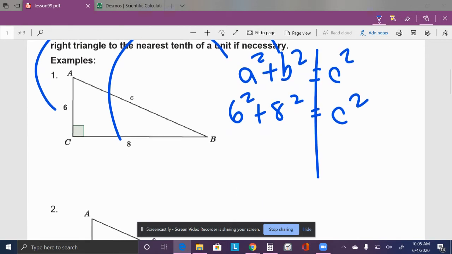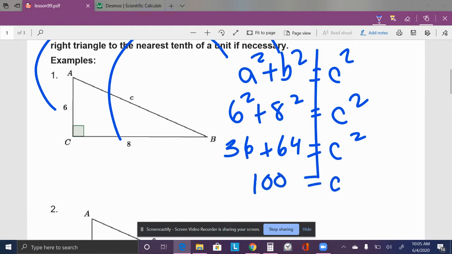And now I figure that out. 36 is 6 squared. 64 is 8 squared. When I add those two numbers together, I get 100. But I'm not done yet because we still have to get rid of this 2. So to get rid of that square, I need to square root both sides.